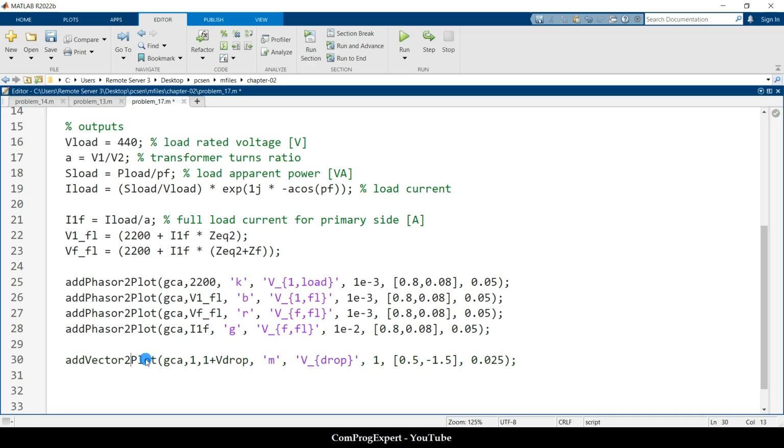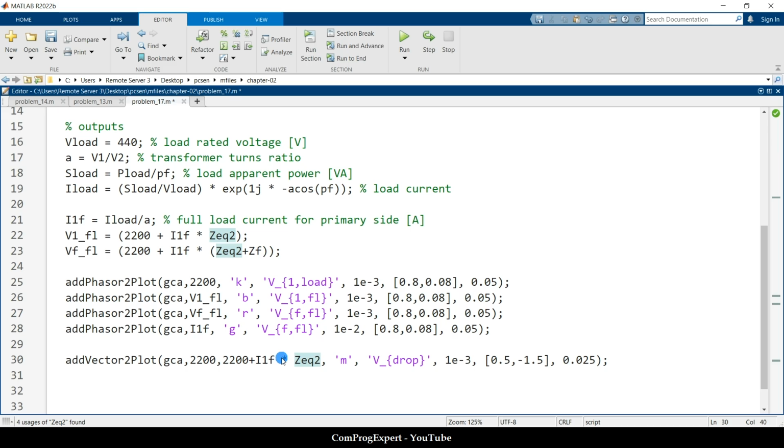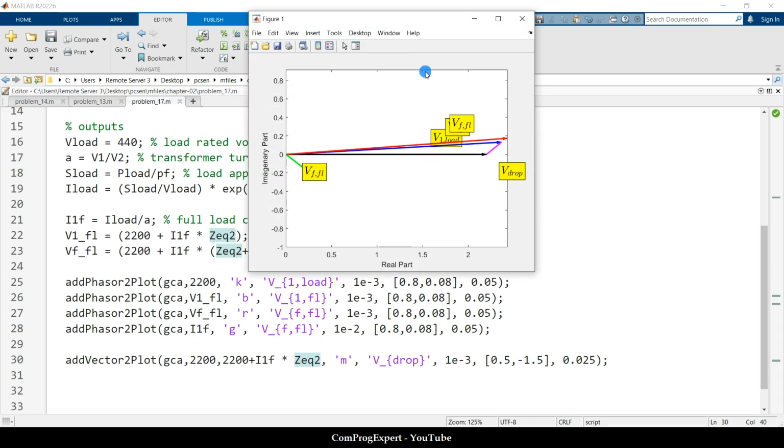How can we plot voltage drops? We have one voltage drop here from this to this one, 1E minus 3. Let's use this scale. This is the voltage drop that we have on the internal impedance of the transformer.